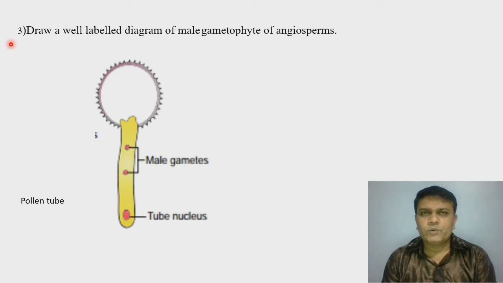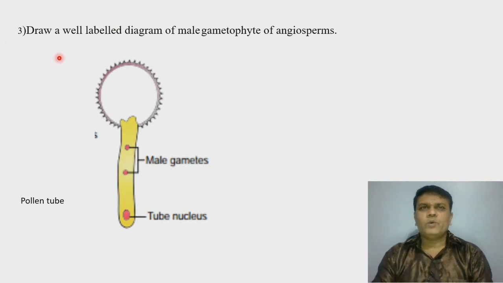So this two-celled stage pollen grain absorbs sugary substance secreted by the stigma, and the pollen grains undergo the process of germination.